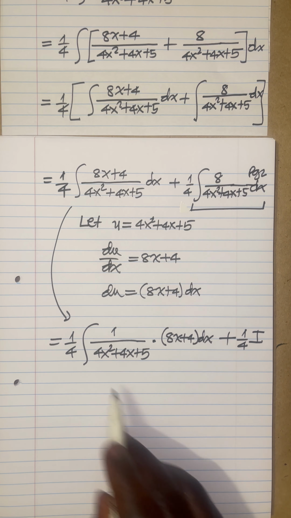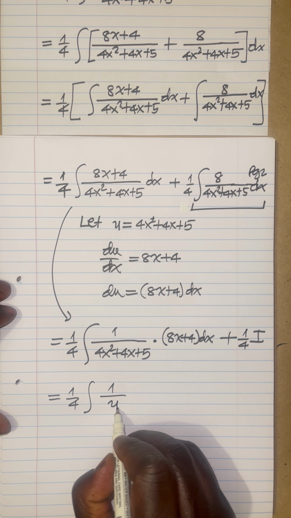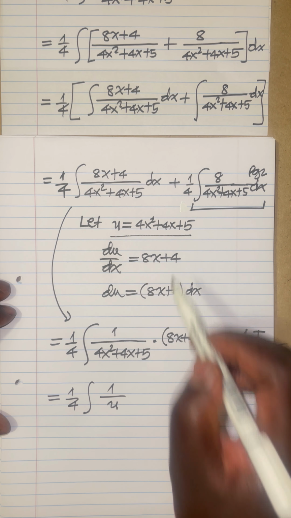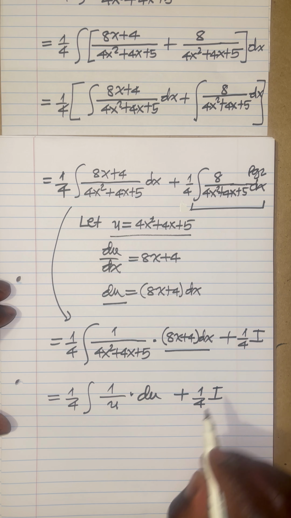As you can see, now I can say this is a quarter of the integral of 1 over u, because that's u up over here, and then times this part here, you can agree with me that it's du, then plus a quarter I. We're going to work out what I is.